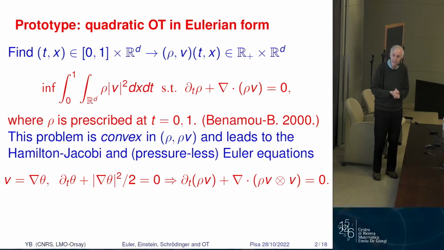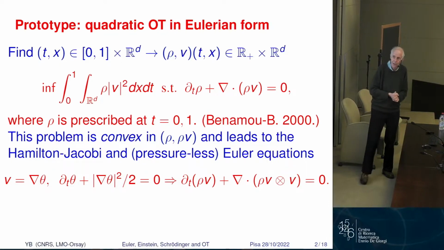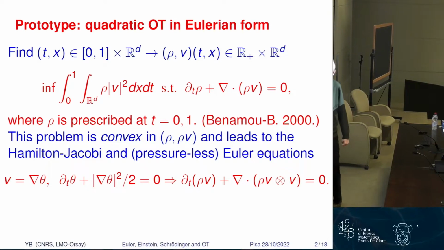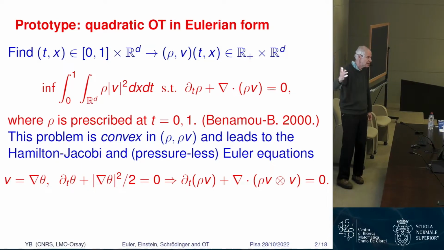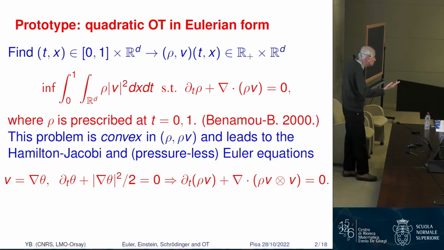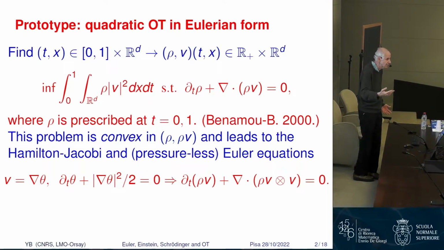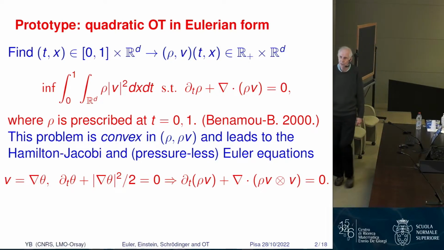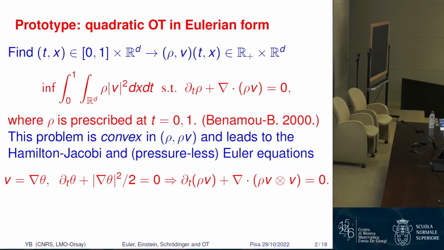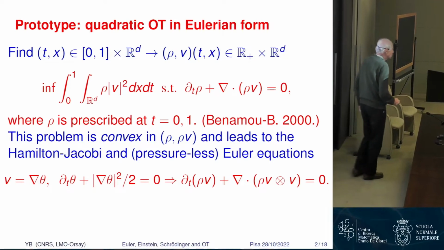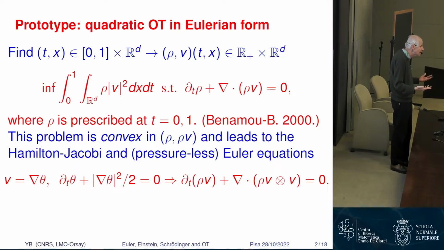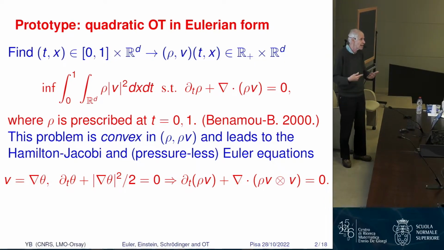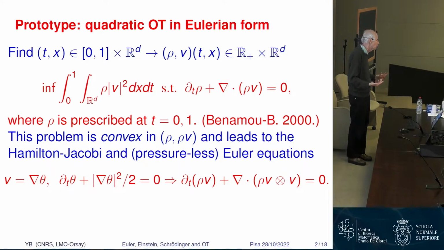And the optimality equation is also very well known, at least at the formal level, because there are some technical difficulties depending on the data. Essentially, the optimal velocity is potential, so it's a gradient of something. It's curl-free, no vorticity. On top of that, you have the Hamilton-Jacobi equation, which is also known in fluid mechanics as the Bernoulli equation, but without pressure. And so we get the model of pressureless Euler.